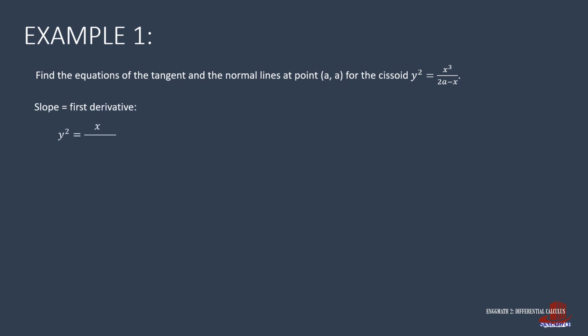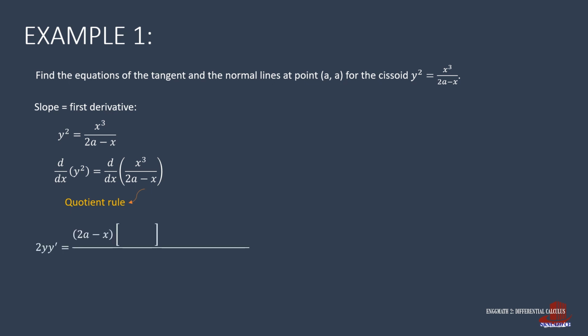With the equation, start by placing d all over dx to each term as we are to figure out the slope. The left term is easy to differentiate, but with the variable x in both the numerator and denominator of the right term, we need to employ the quotient rule. So we get 2y prime from the left, and the right side has the square of the denominator, 2a minus x.